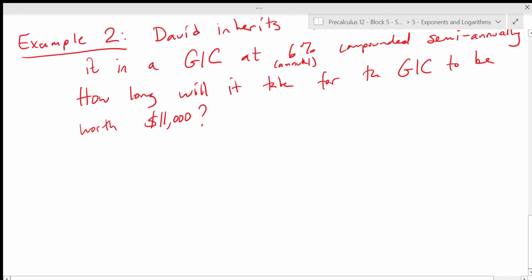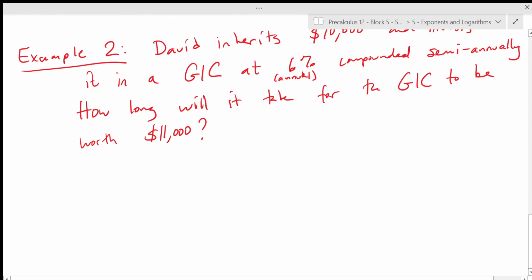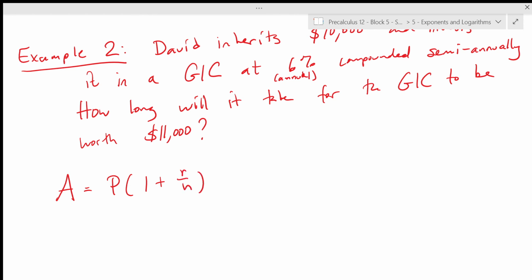Okay, so we're going to use our compound interest equation, which is A equals P times (1 plus r over n) to the nt. So let's see what we've got. Our principal is what he's starting with. That's $10,000. We want our end dollar amount to be $11,000.